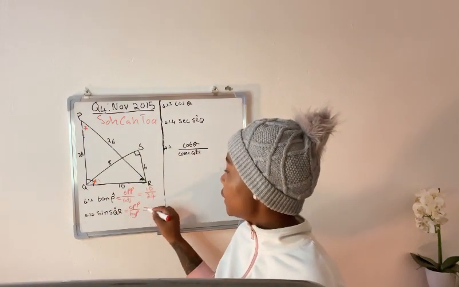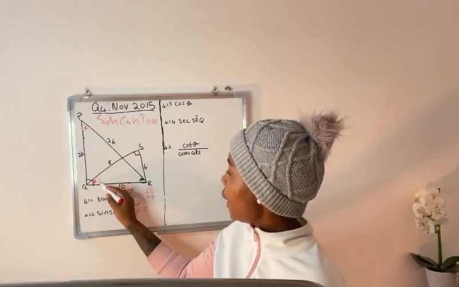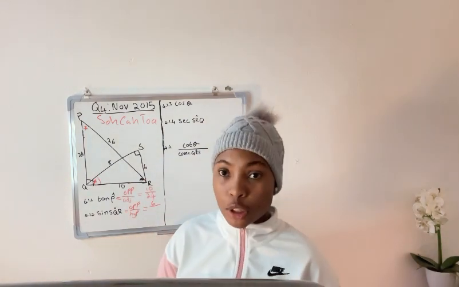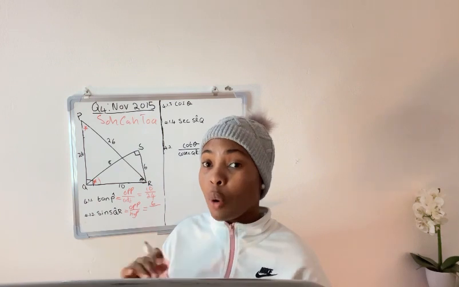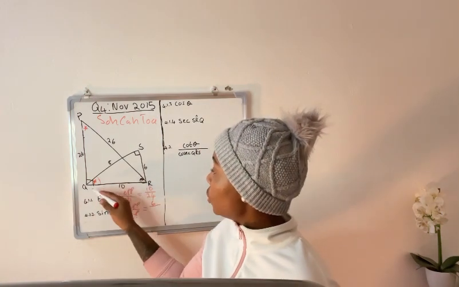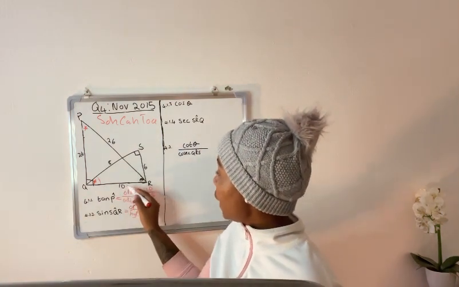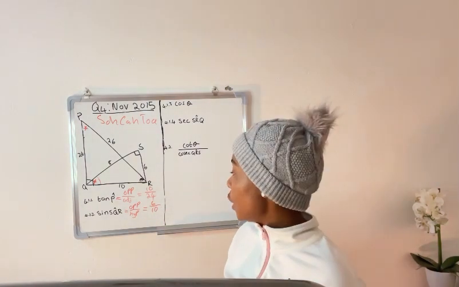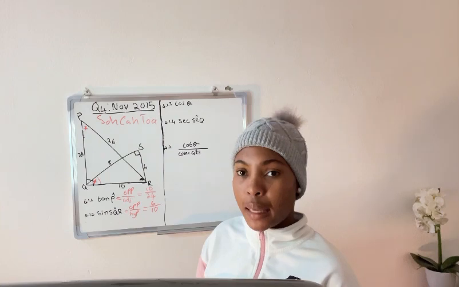The opposite side of angle SQR is 6, divided by the hypotenuse. The hypotenuse, remember, is the longest side. So the longest side of triangle SQR is 10. So the sine of angle SQR is equal to 6 over 10.